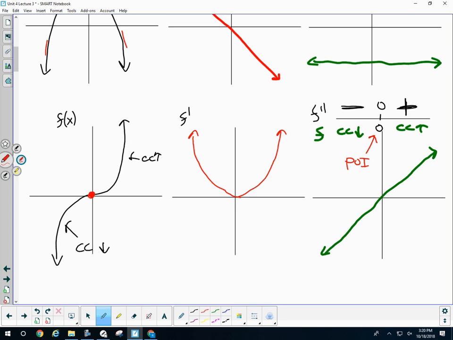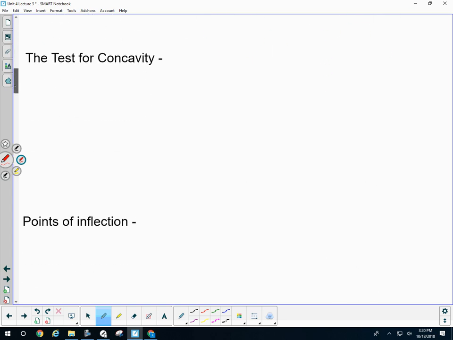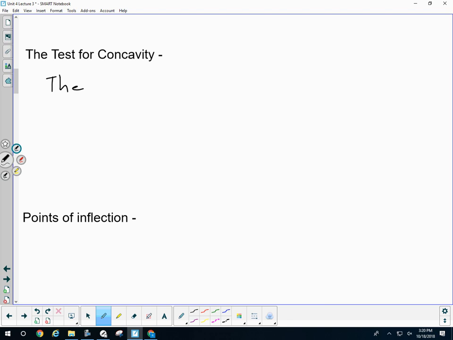Okay? This is how we are going to determine the curvature of graphs. We are going to look at second derivatives. The sign of a second derivative tells us the concavity of whatever we're looking at.